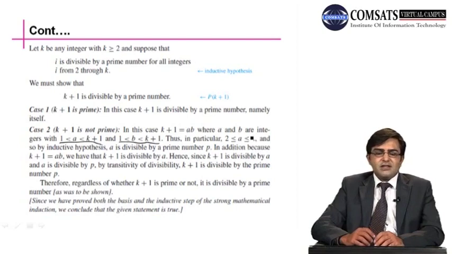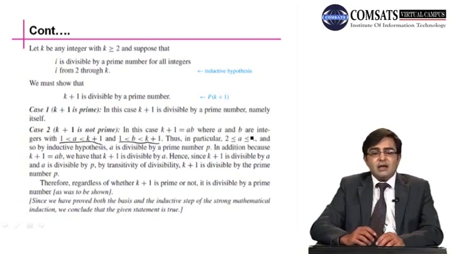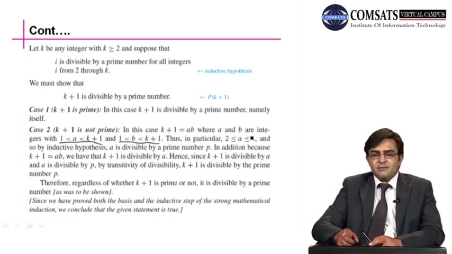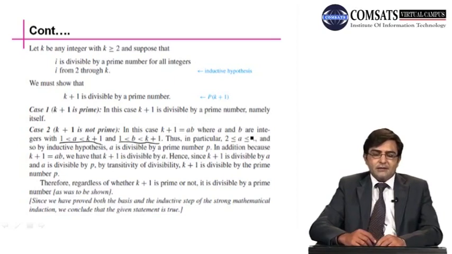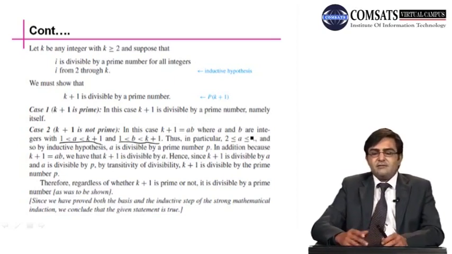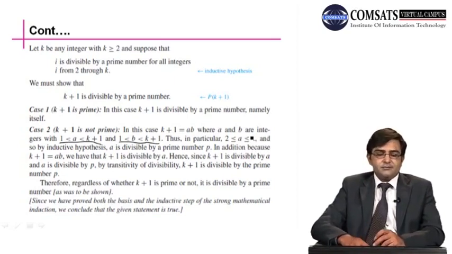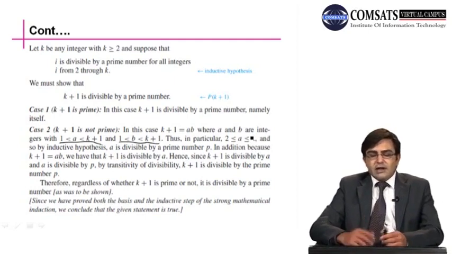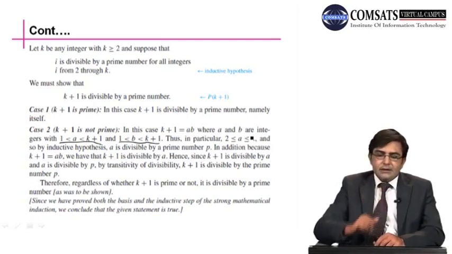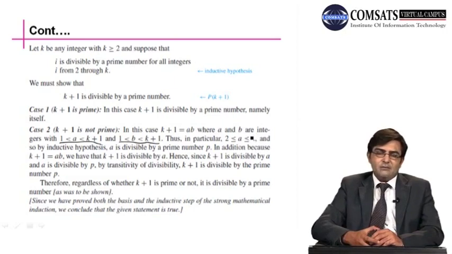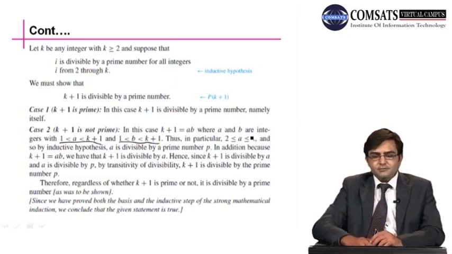In addition, because k plus 1 is equal to a times b and a is divisible by a prime number, then by transitive property we can say that k plus 1 is divisible by a prime number. So regardless of whether k plus 1 is prime or not, it is divisible by some prime number.